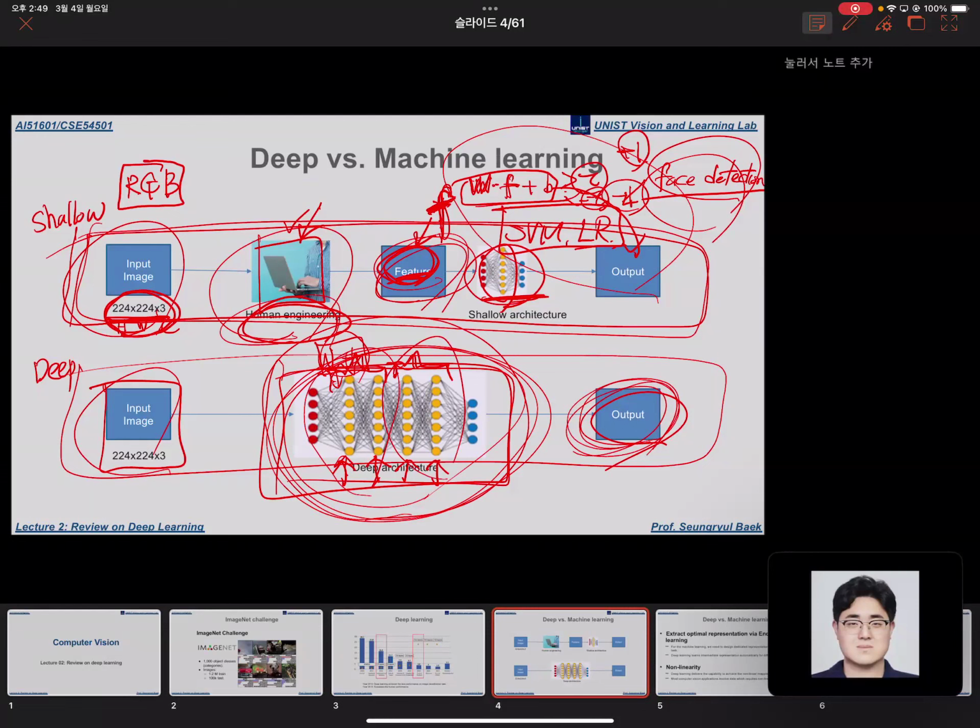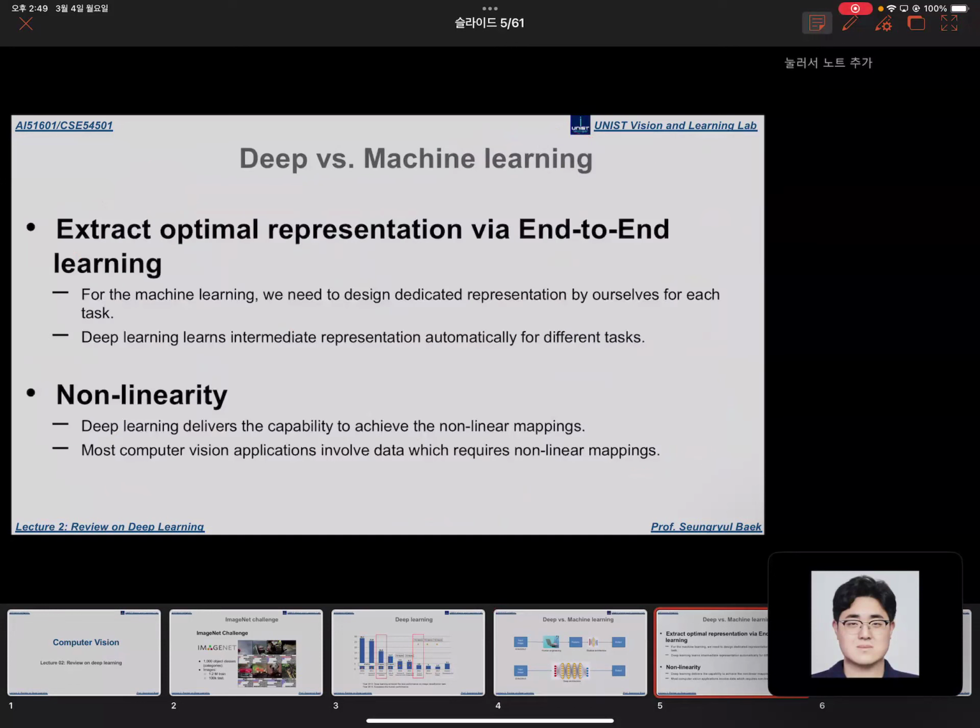So we don't have to define the feature vectors by ourselves, okay? It's optimally decided based on the data, okay? So this is the reason why the deep learning approach performs better than the shallow learning approach, okay?